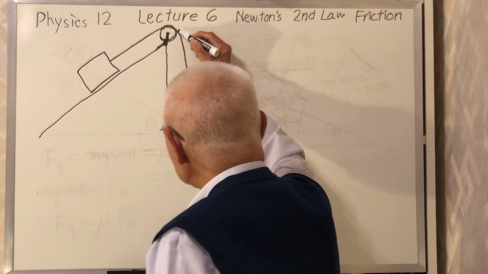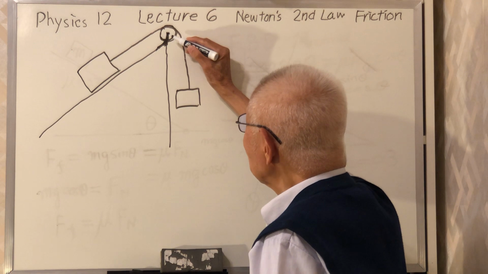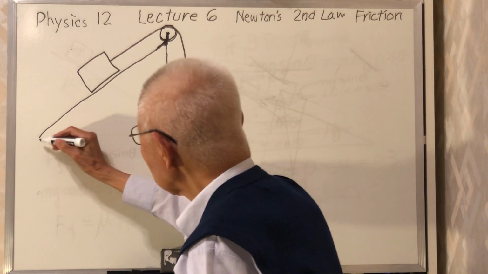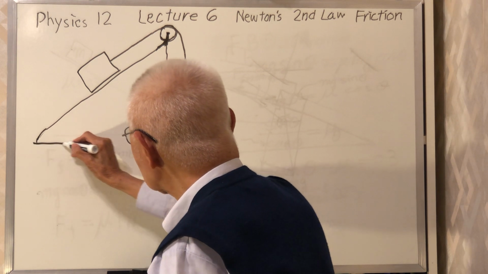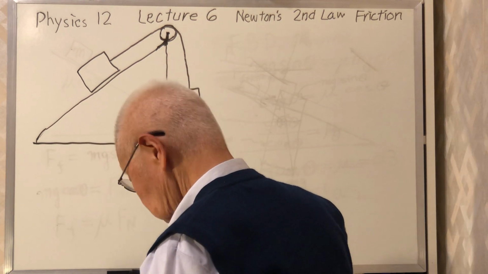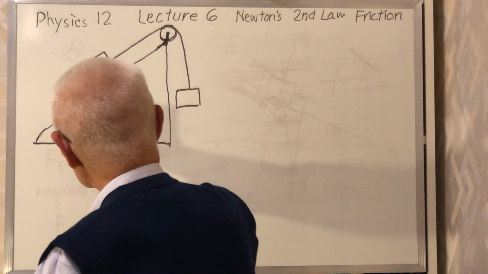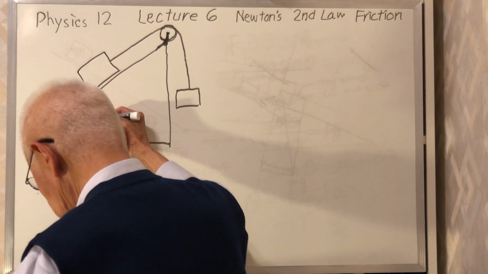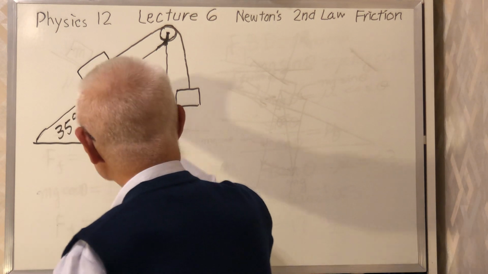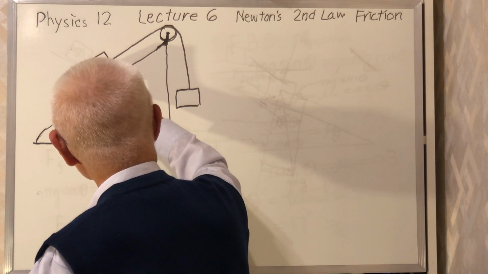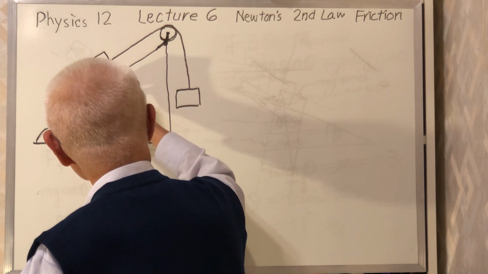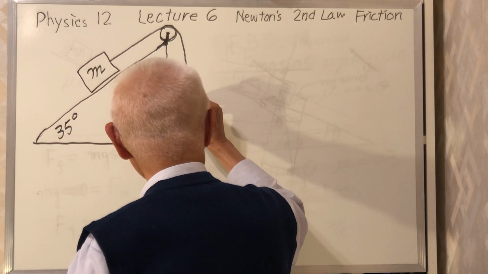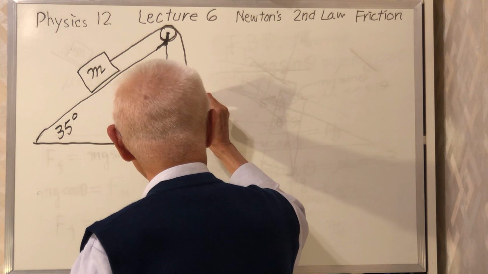Okay, the pulley is fixed to the inclined plane. All right. This angle is 35 degrees, and M, the mass, is not given, but this mass is given, 5 kg.